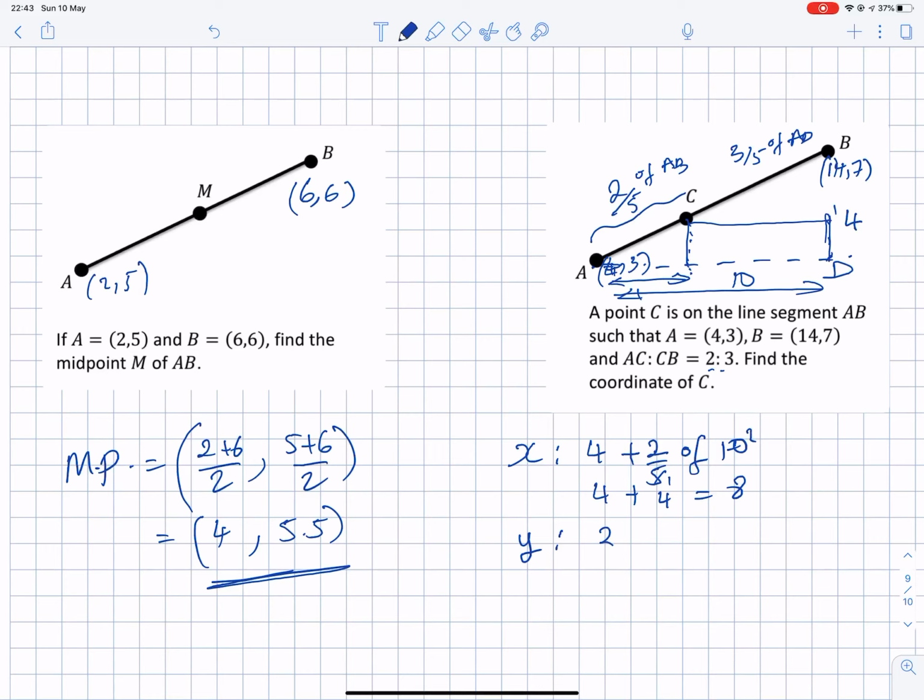So 3 plus 2/5 of 4. Well, that's going to be 1.6, which makes 4.6. So the coordinate of C equals 8, 4.6.